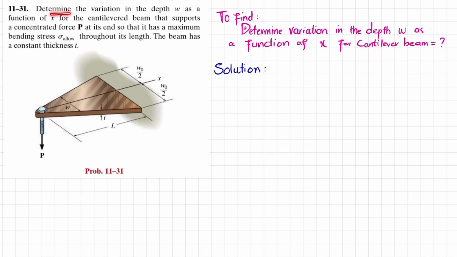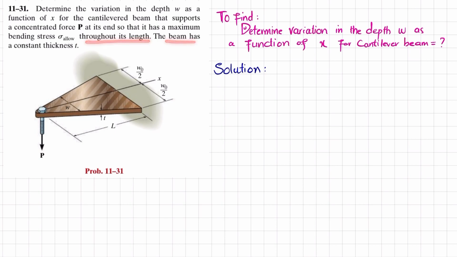So the statement is: determine the variation in the depth W as a function of x for the cantilevered beam that supports a concentrated force P at its end, so that it has a maximum bending stress sigma allowable throughout its length.